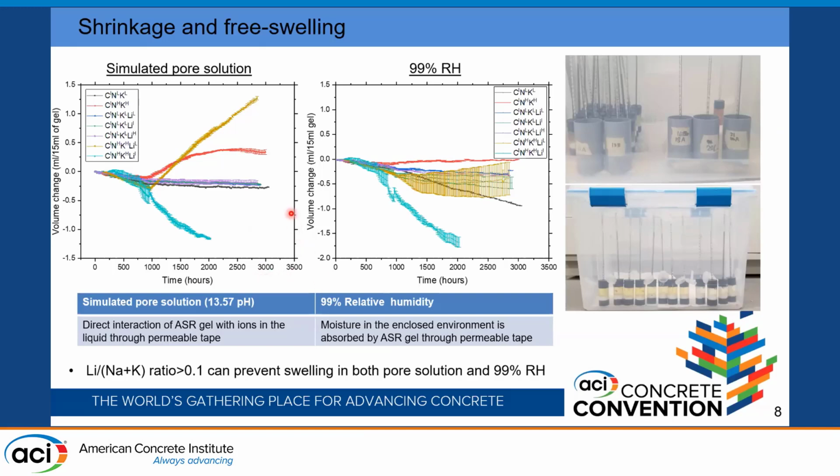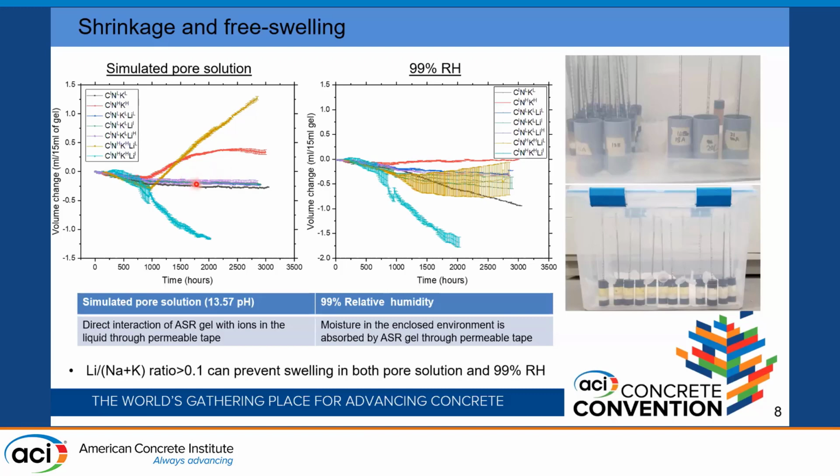The results show that the low alkali groups do not show any expansion, and the high alkali groups show quite significant expansion, both in simulated pore solution and 99% RH. Now, in a pore solution, the expansion is greater, which may be due to the interaction of the ions between the gel and the pore solutions.